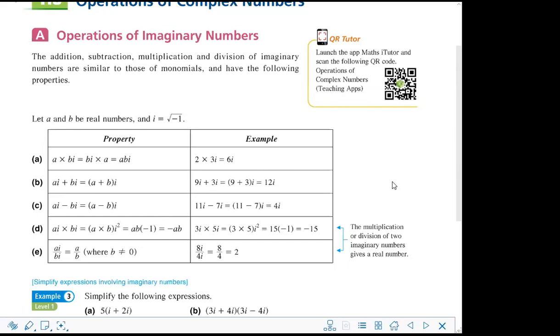For the i number, you just see this as some variable, just like x. If you have like terms, you can add the like terms together or subtract the like terms together. But what is extra, you need to remember, is that i square is equal to -1. So this is the only extra thing you need to remember when you are doing the calculations among the complex numbers.